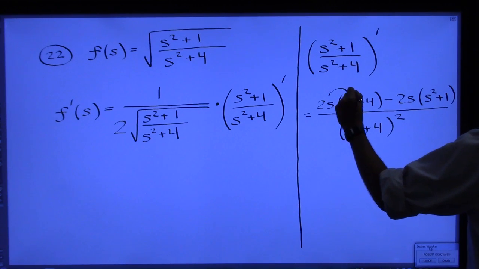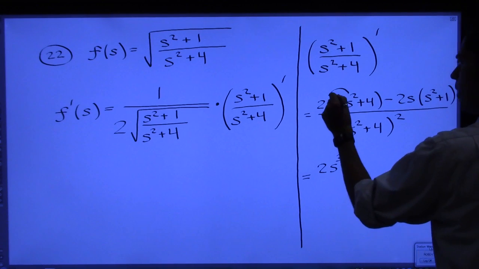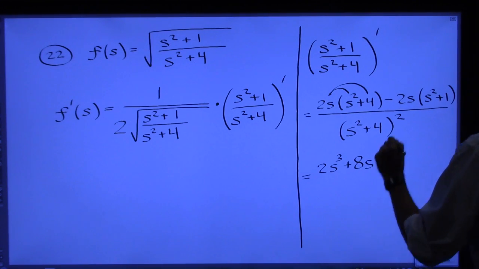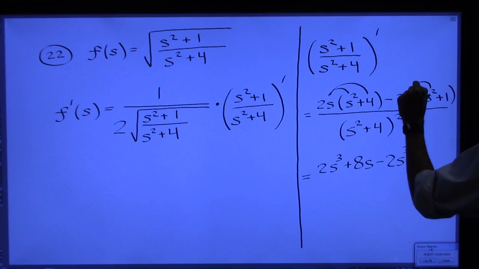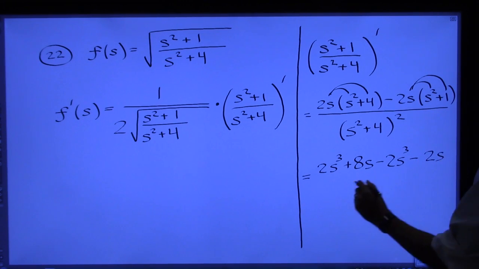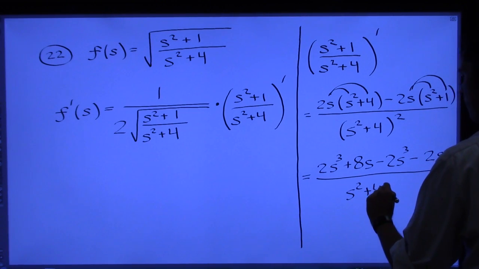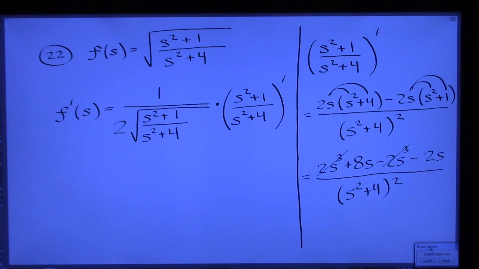I have 2s cubed, plus 8s, minus 2s cubed, minus 2s, all over my common denominator. Those 2s cubes cancel, and I'm left with just 6s on top, and then this on the bottom.